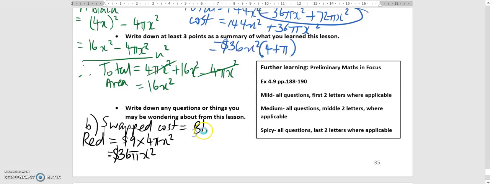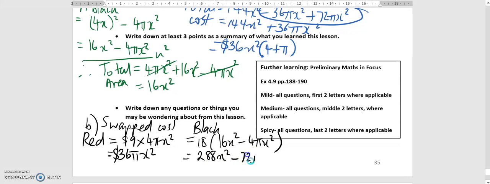And the black is going to cost, sorry, that's confusing having that there. So the black's going to end up costing $18 outside of 16x squared minus 4 pi x squared, and that's going to equal 288x squared minus 72 pi x squared.